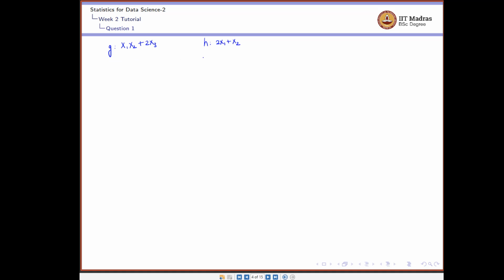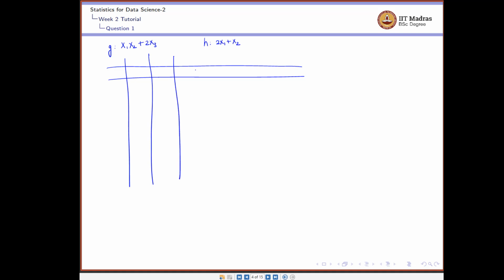So how will we find this? The same table that we had previously, we had x1, x2, x3, f of x1, x2, x3. There we can have another column that is g, given by x1 x2 plus 2x3, and one more column for h that is given by 2x1 plus x2.